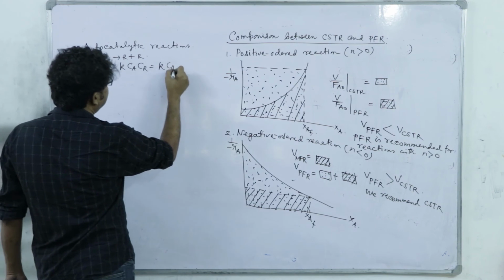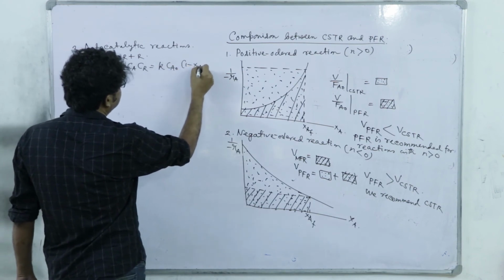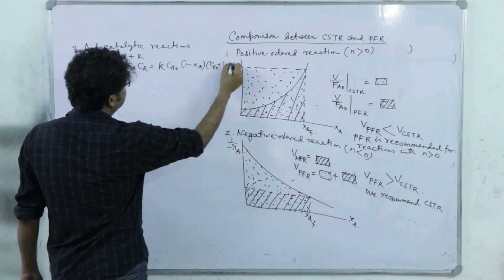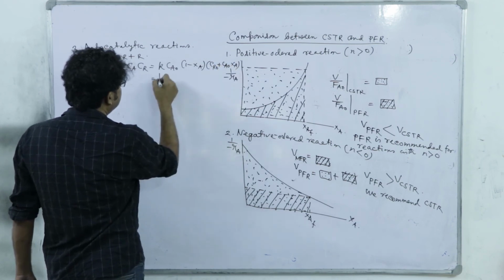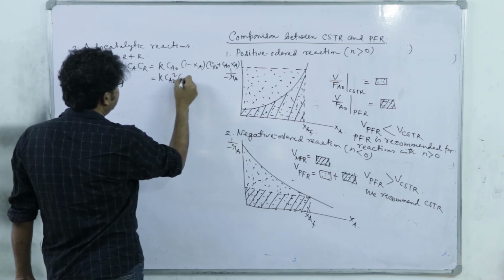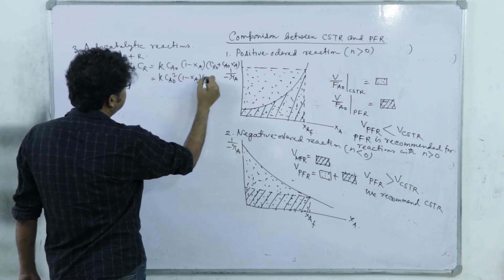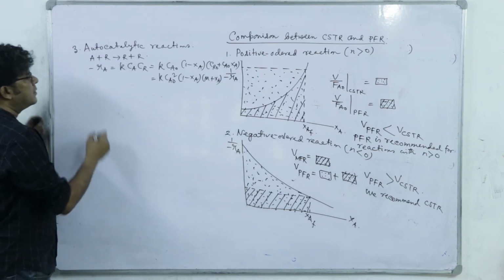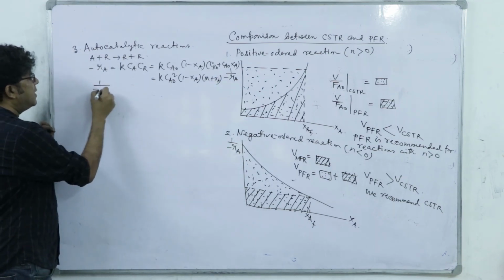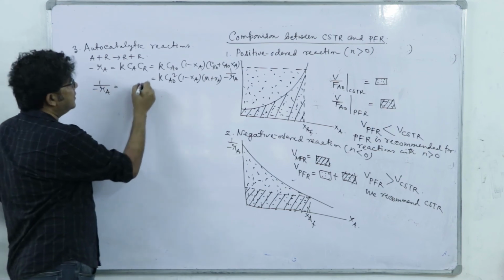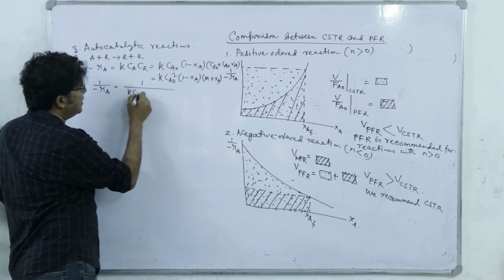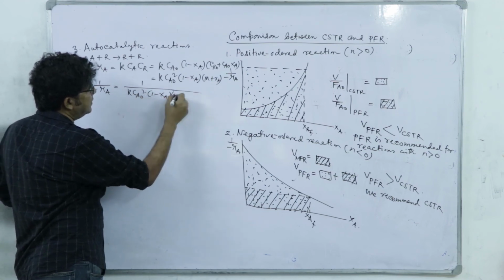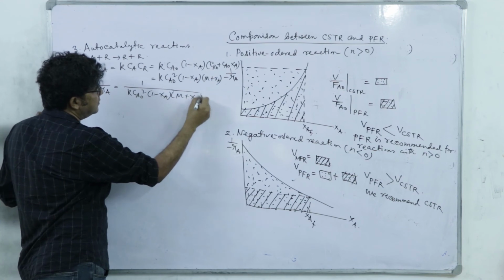So that is K into Ca naught into 1 minus Xa into Cr naught plus Ca naught into Xa. So obviously K into Ca naught square, 1 minus Xa into M plus Xa. Right. So 1 divided by minus Ra is equal to 1 divided by K into Ca naught square, 1 minus Xa divided by M plus Xa.